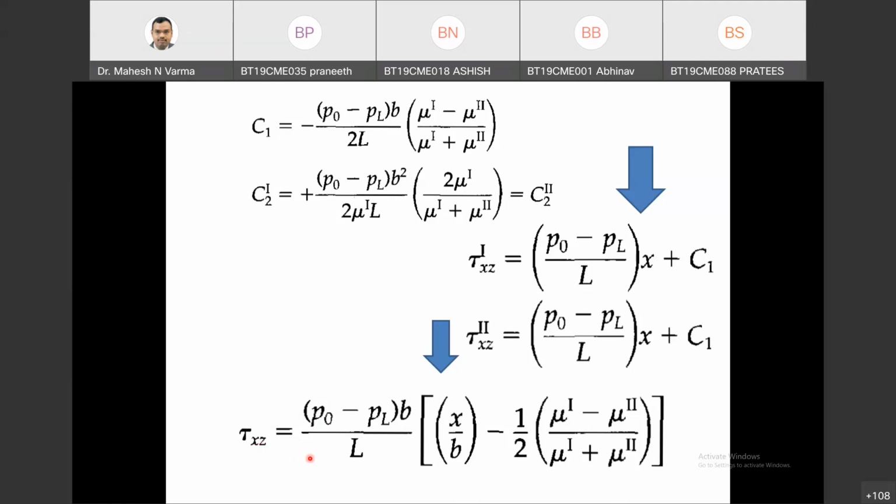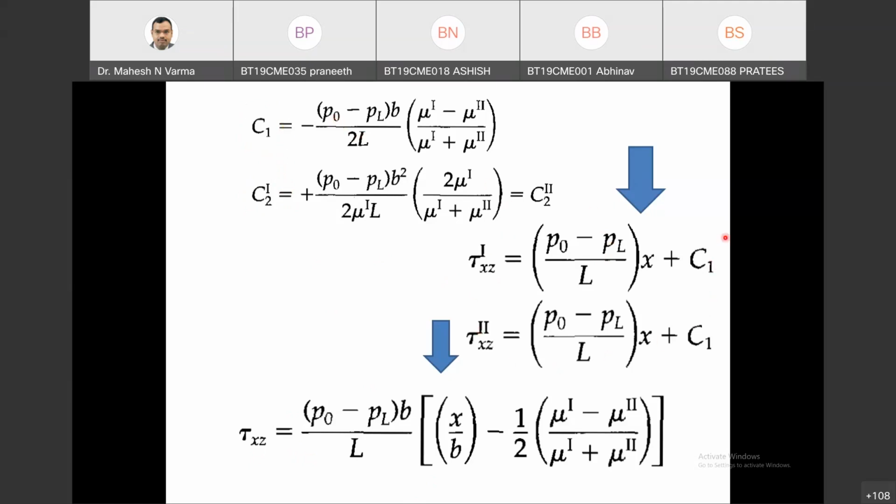Anybody not getting this flux profile? Hope everybody got this C1 correct. This is C2 and this is my flux profile.